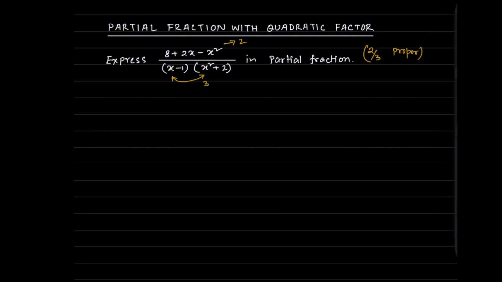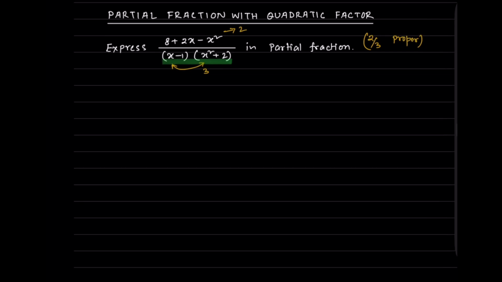Second is your denominator. Look at the denominator: one term within the bracket is quadratic, that is x square plus 2. So this is a quadratic form, and we have to apply the quadratic form formula. So let's start.